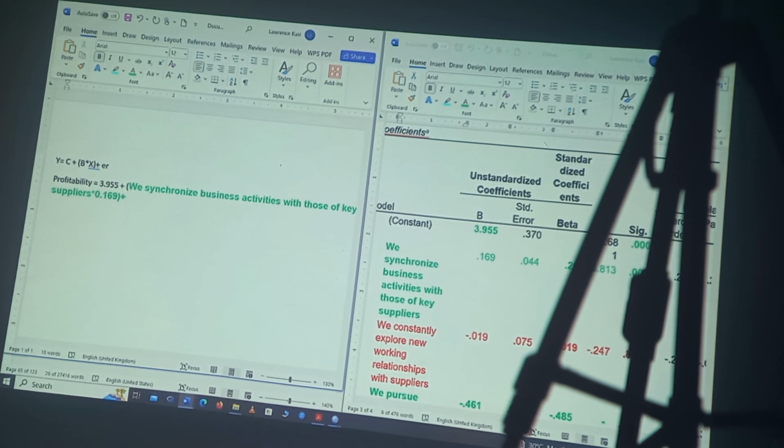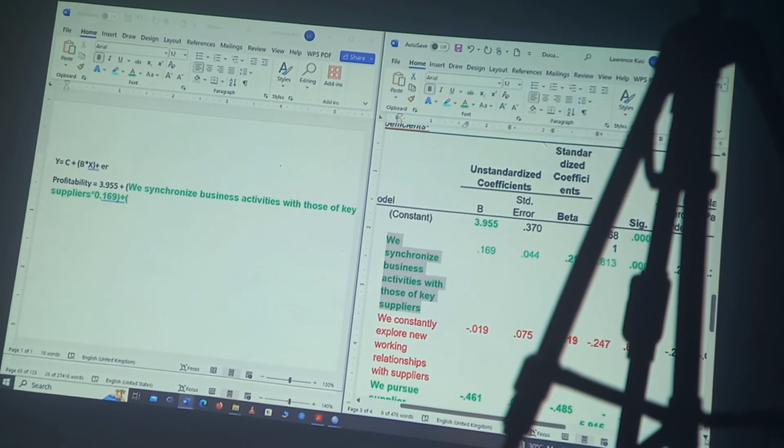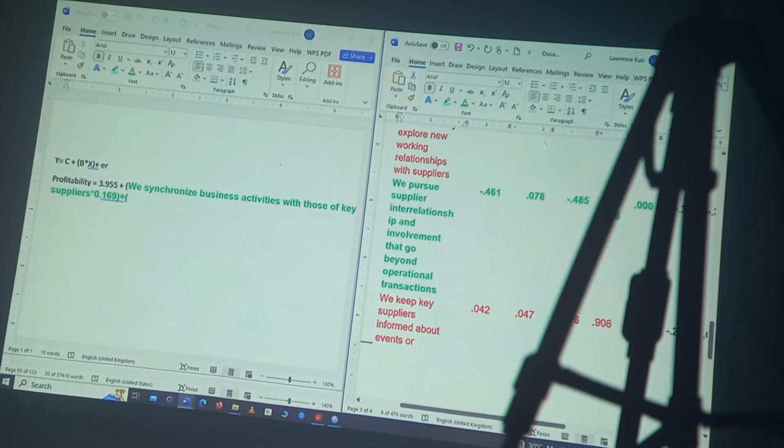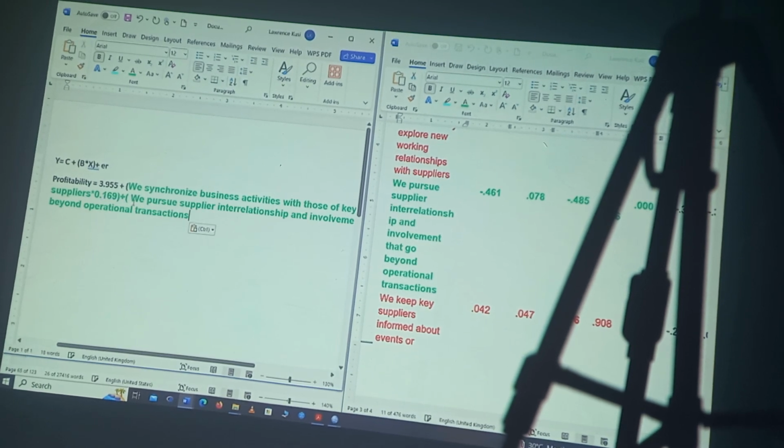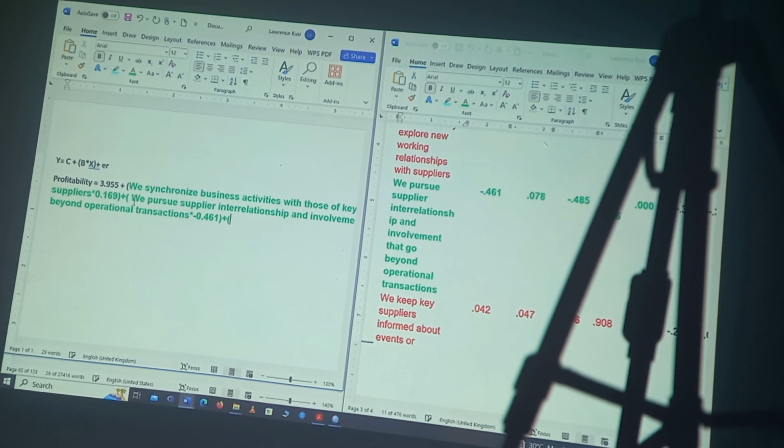Until then, let's use this one. The next one becomes what? Times negative 0.461, plus the next in brackets.